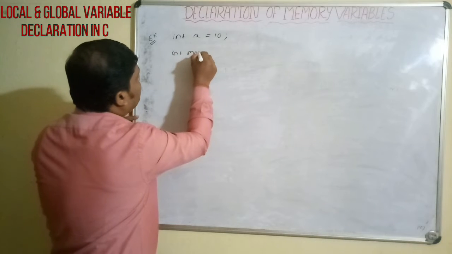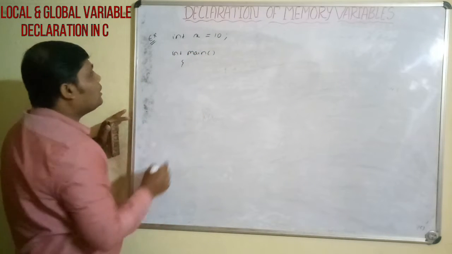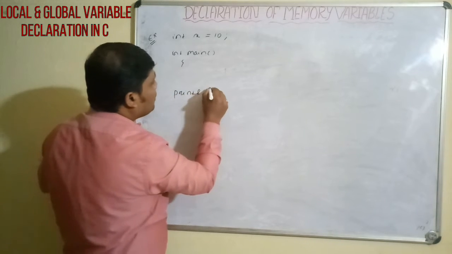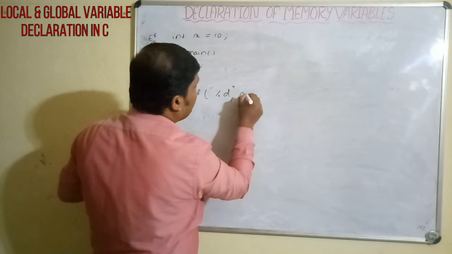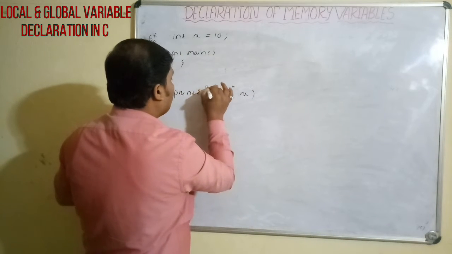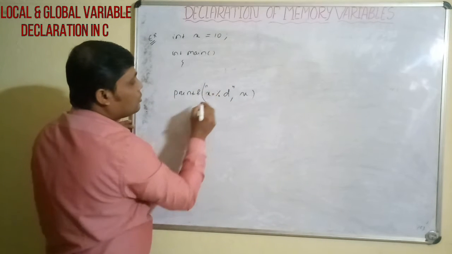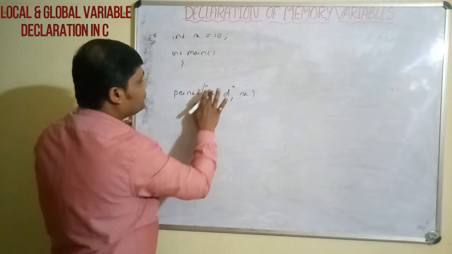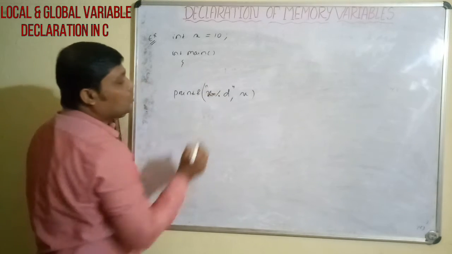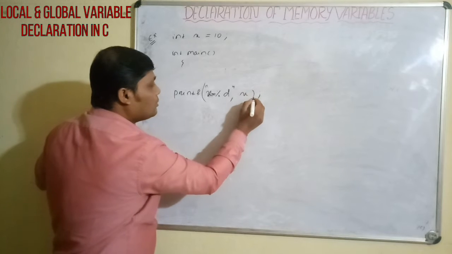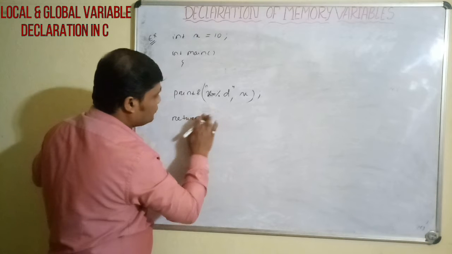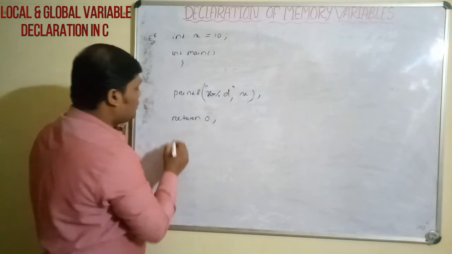Then integer main, and this is printf "x equal to %d", x, then semicolon, and suppose return 0. Clear?